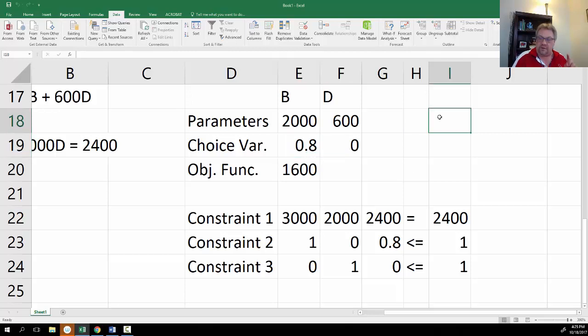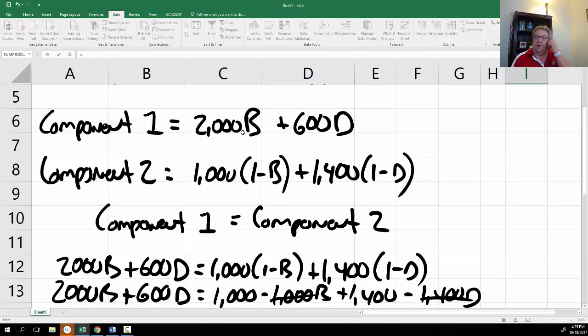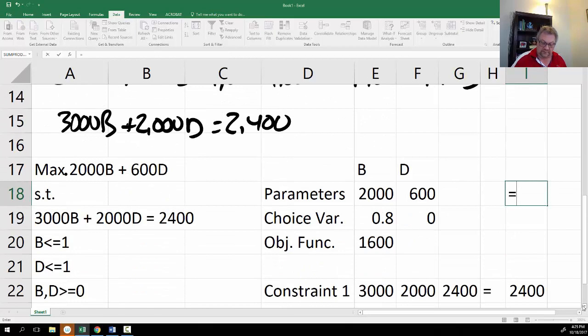So remember, for component 1, here, let me go back up and show you. Right, so for component 1, it was 2,000 times B, right, plus 600 times D. Well, D is 0 in this case, so take the 0.8 times 2,000, right, and that's the 1,600, okay?